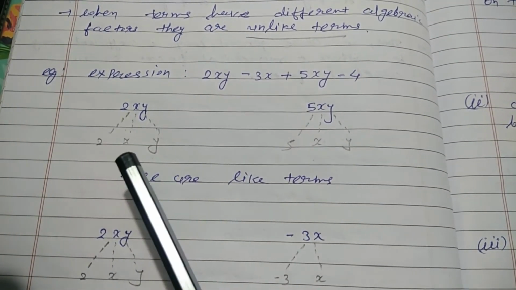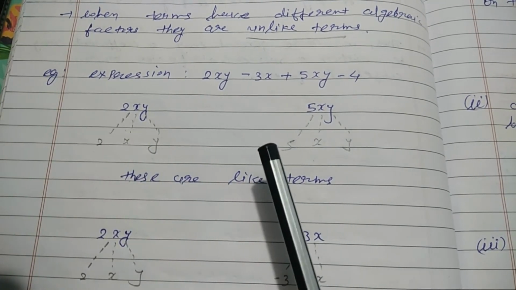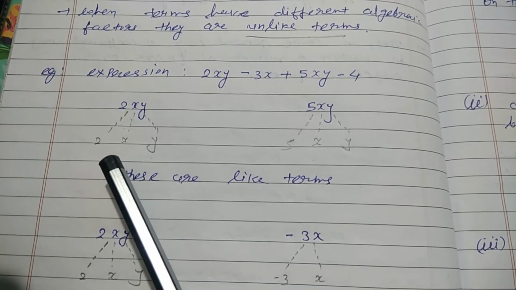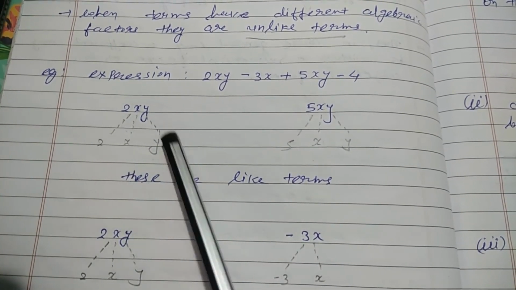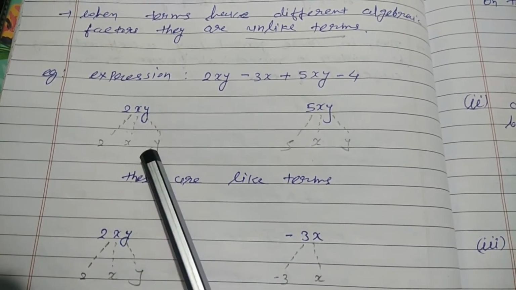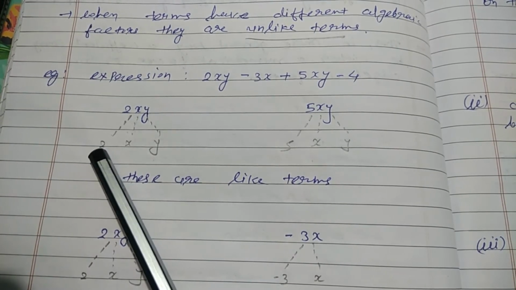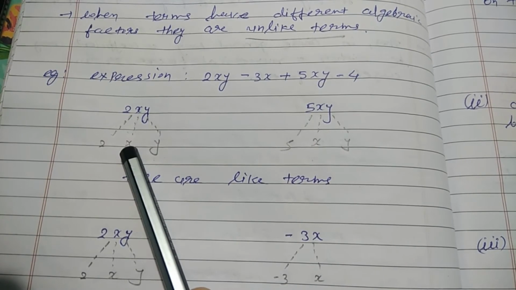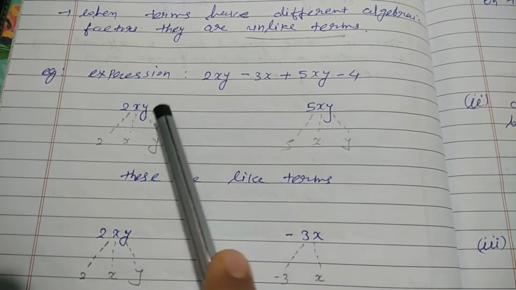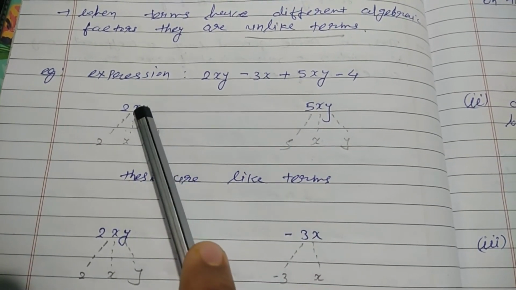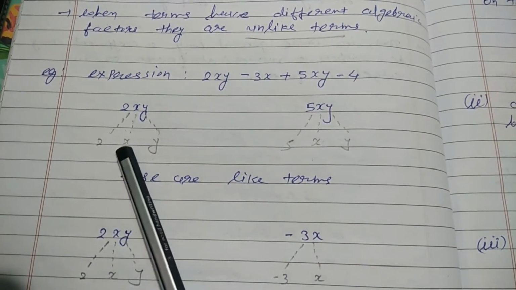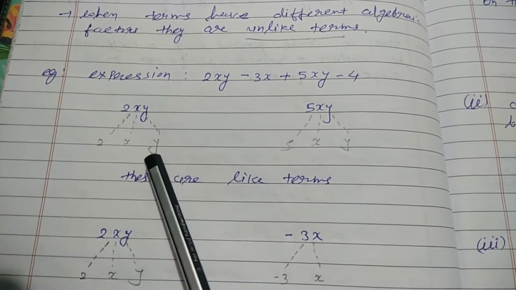So students, keep in mind, whenever you have to find like and unlike terms, you have to see only the algebraic factors, that means variables, not constants. So here, in these two terms from this expression, 2xy and 5xy, the algebraic factors are x and y.